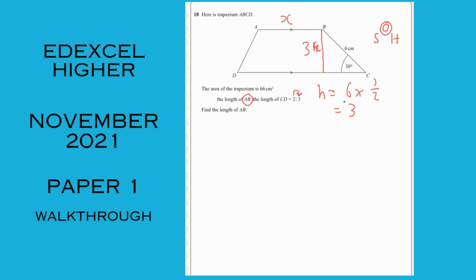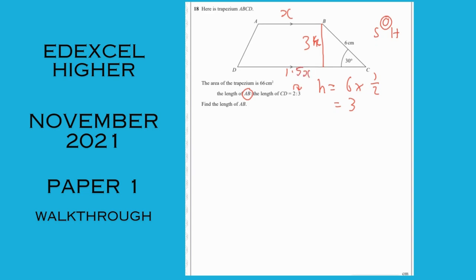So we can say that D to C is 1.5x, and that's the absolute key to this question for me, because now you can use the formula for the area of a trapezium. So the area of a trapezium is equal to a half the parallel sides added.